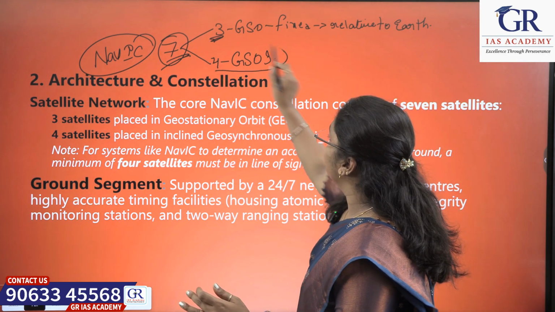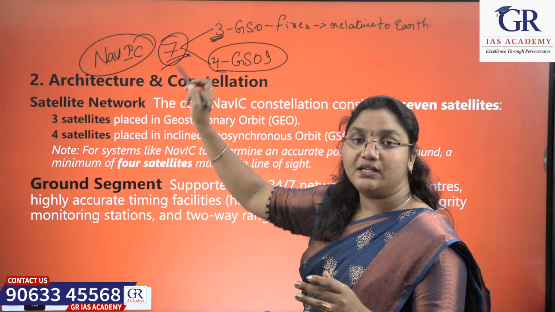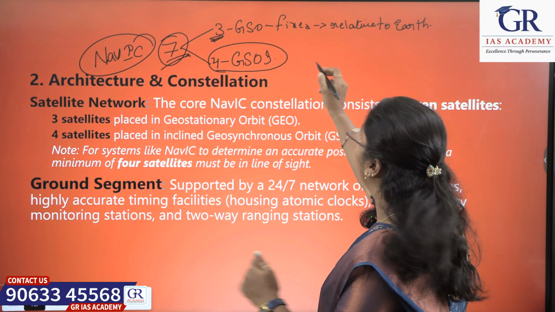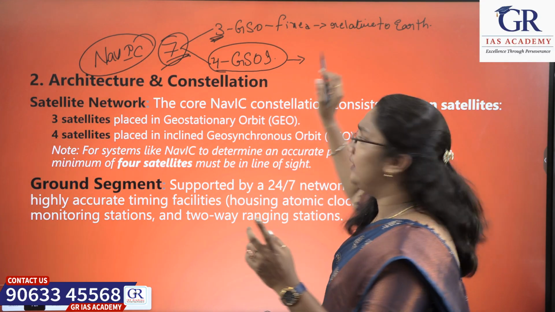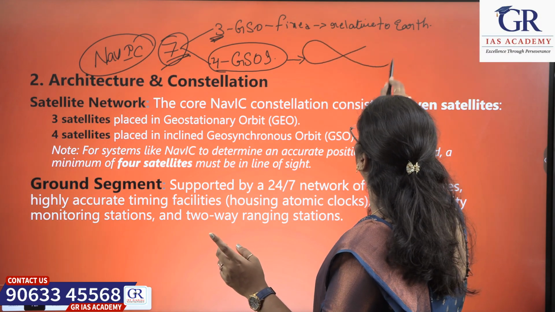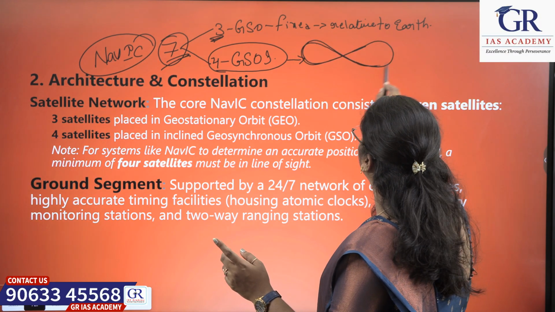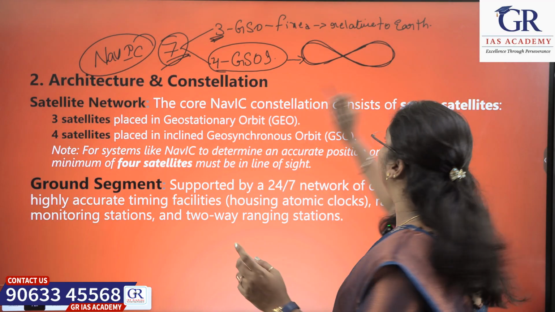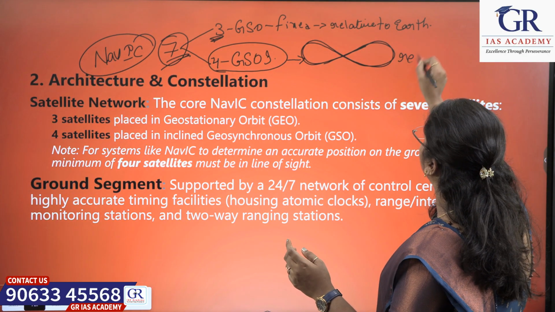Next, the 4 satellites placed in inclined geosynchronous orbit are not fixed relative to the Earth, but they move in a figure of 8 relative to Earth.